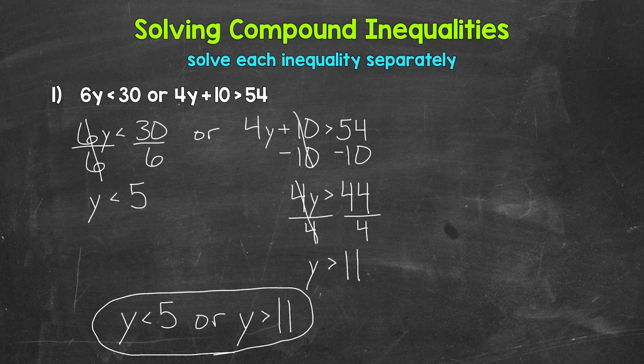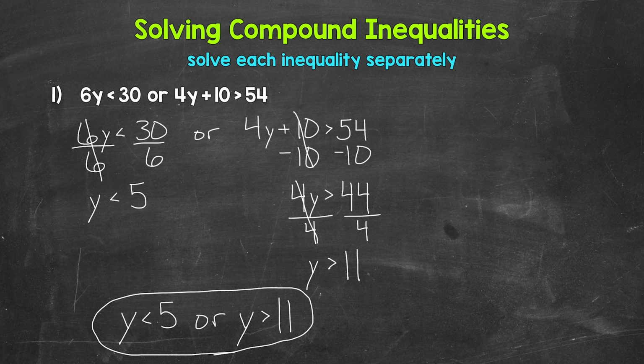Now remember, when it comes to compound inequalities involving or, we have a solution if either inequality is true. That means that y can be anything less than 5 or y can be anything greater than 11. Any number less than 5 or greater than 11 is a solution of this compound inequality. It will make the compound inequality true.